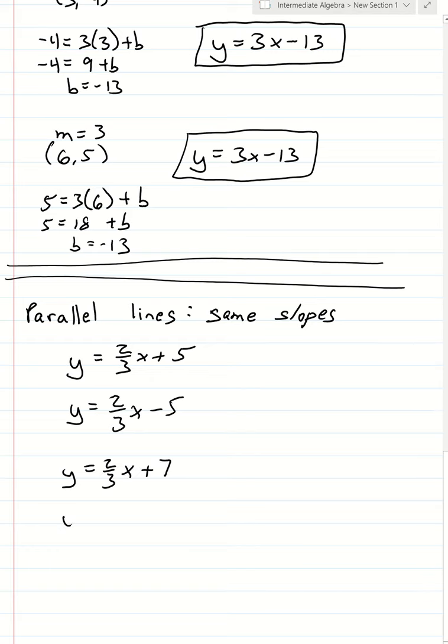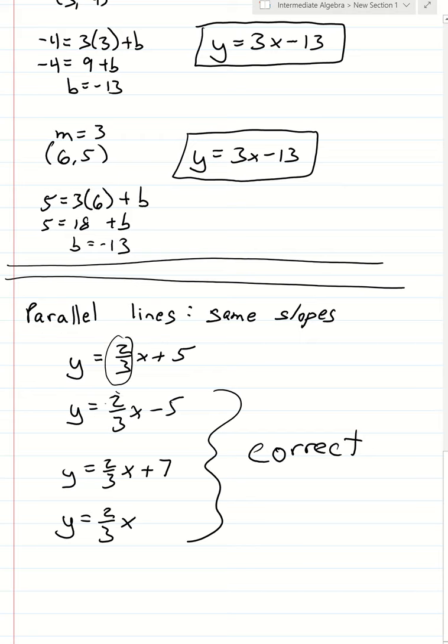Someone else might write y equals 2/3 x. Okay? And all of these answers are correct. Why are all of these lines parallel to the one that I gave you? Because they all have the same slope of 2/3. And as long as they have the same slope of 2/3, all of these lines would be parallel to one another. Okay?